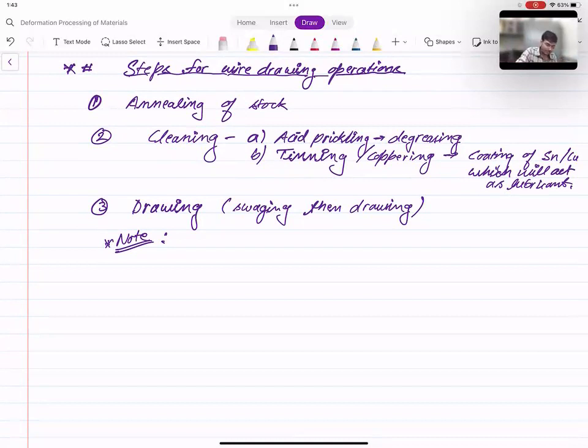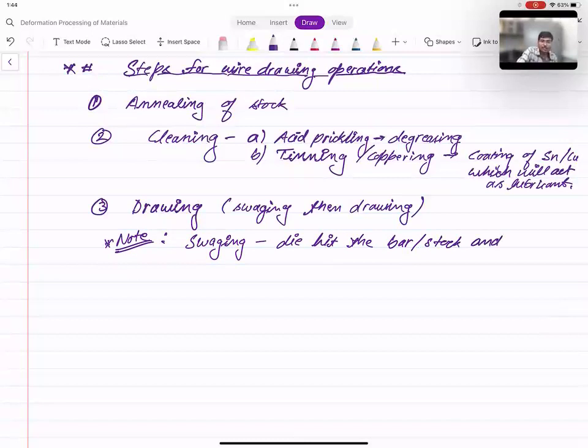So in swaging, a die hits the bar or stock, and therefore the diameter is reduced.